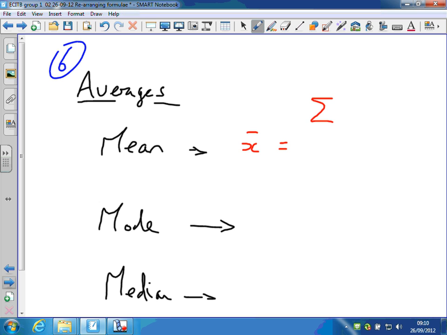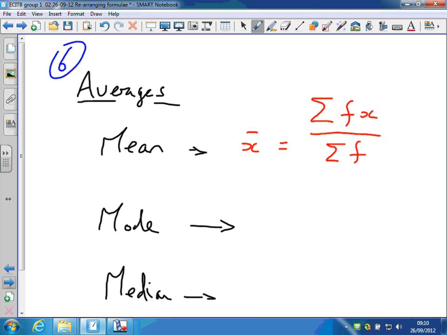Sum of. That symbol means the sum of, and fx. X stands for the numbers. Frequency stands for how many we've got. So if I had, say, added up 4 number 3s, 4 times 3 would give me 12, and so on. So this is how I'd represent add up all the numbers. The sum of fx over however many numbers there are, the sum of the frequency.